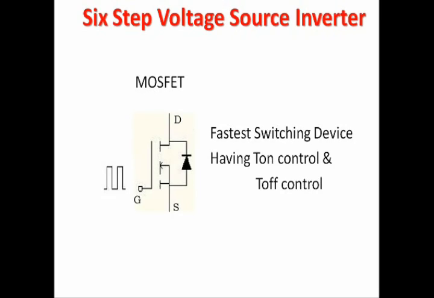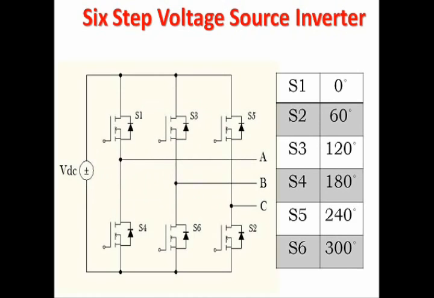So let me see the power circuit diagram for this inverter. This diagram represents the circuit for making the 6-step voltage source inverter. VDC represents the DC input source, and S1 represents switch 1. Actually, it is a MOSFET.